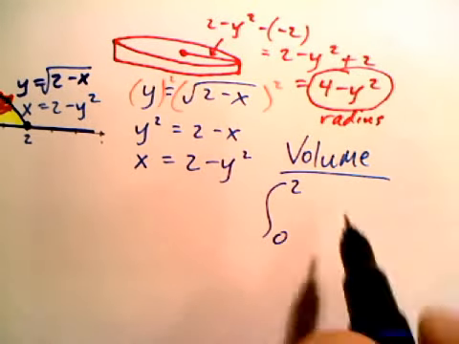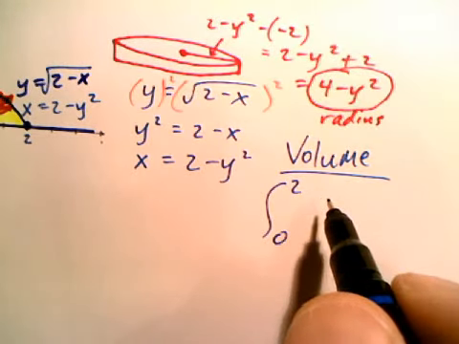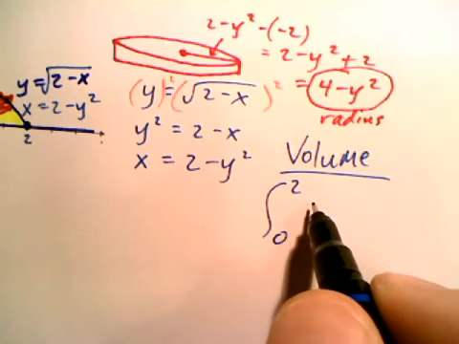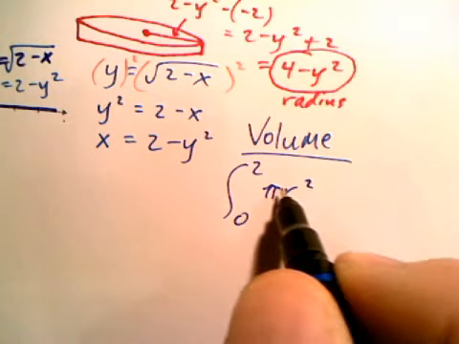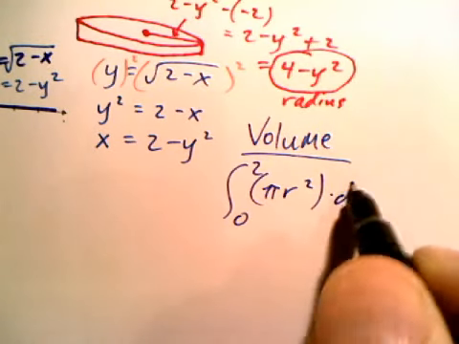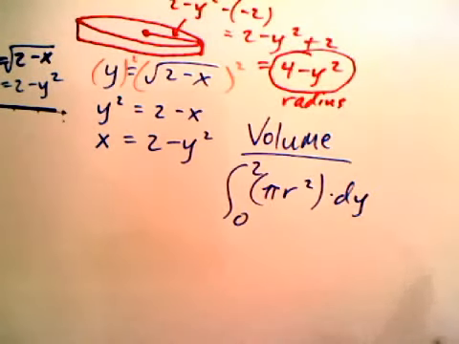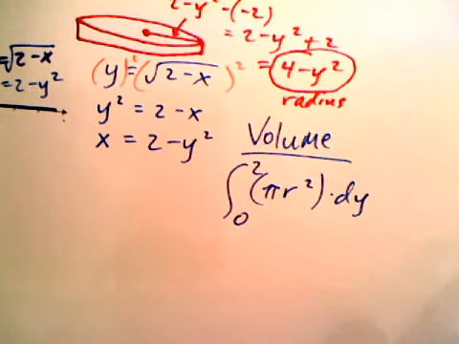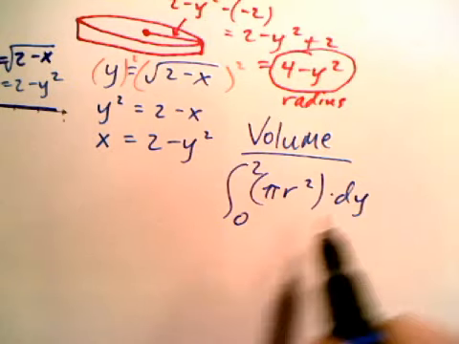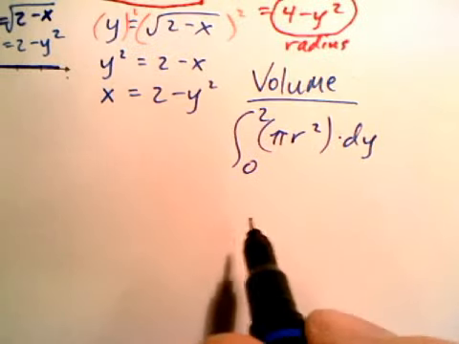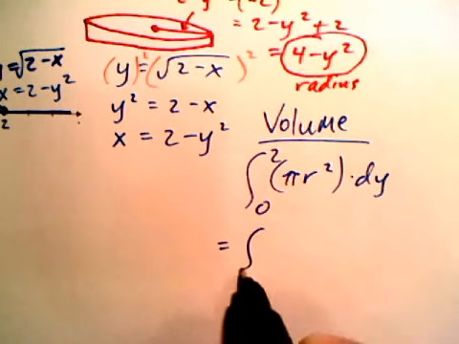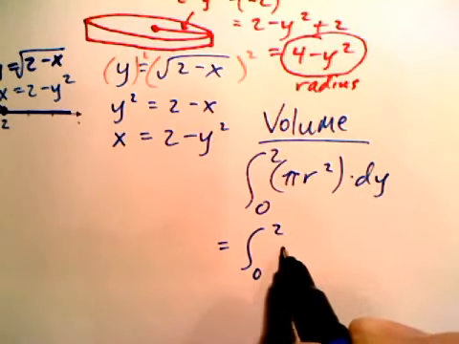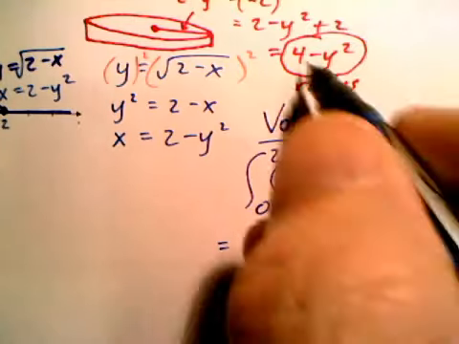And we know that we need to integrate the volume of one disk, and the volume of one disk is pi r squared, which is the area of the base, multiplied by the height, or the width of the disk, however you want to think of that. So we get pi r squared times dy. And we already know what the radius is, because it's right above there, so the integral from 0 to 2 of pi times the radius squared.